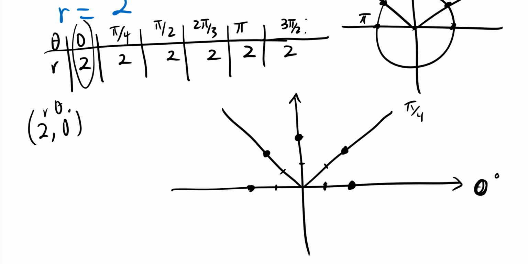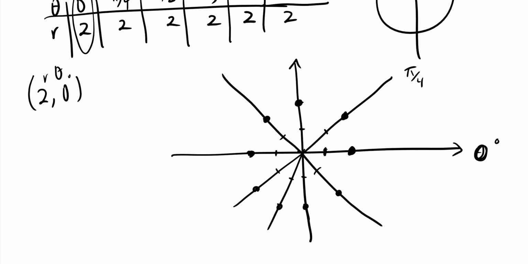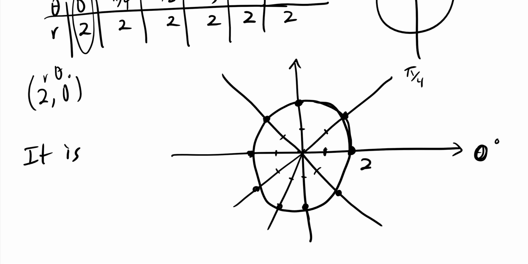So no matter in what direction you go, you're always going 2 units. So what we get here is we just have to connect them, and notice that gives us a circle with radius 2.